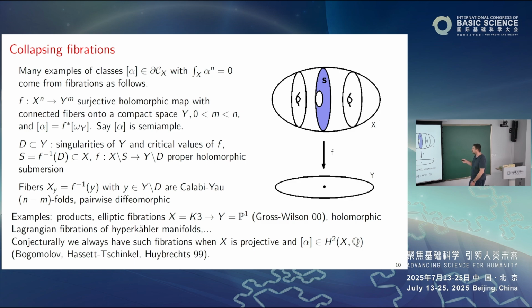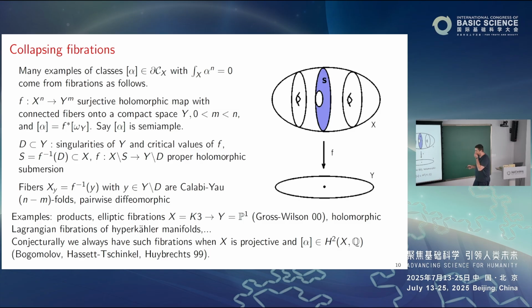So these fibrations or semi-ample classes are very easy to construct in algebraic geometry. For example, products would be the stupidest one, namely Y should be Calabi-Yau in this case. The fiber should also be Calabi-Yau. So take the product of two Calabi-Yaus and project it to a factor. That fits into this description, but it's a very degenerate and you can say trivial case.